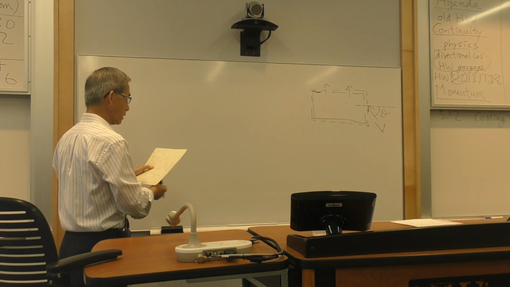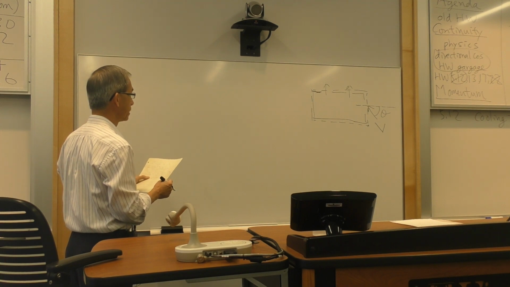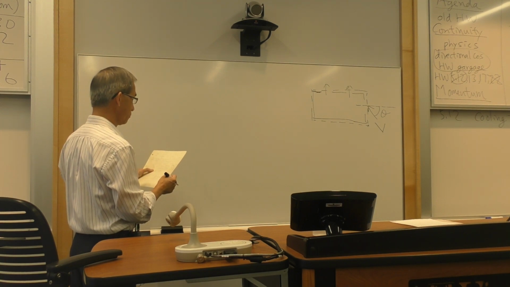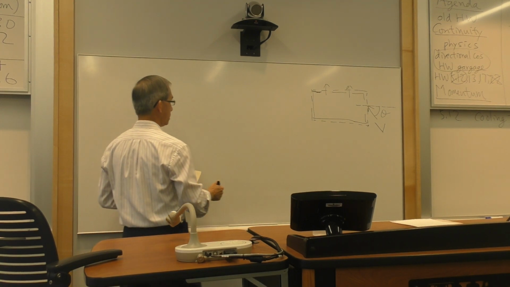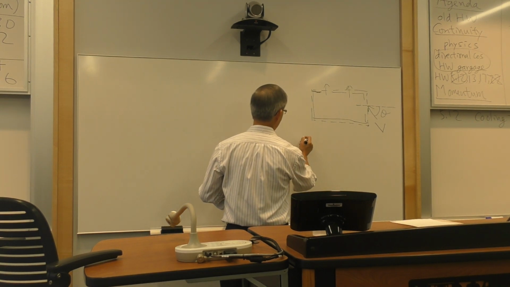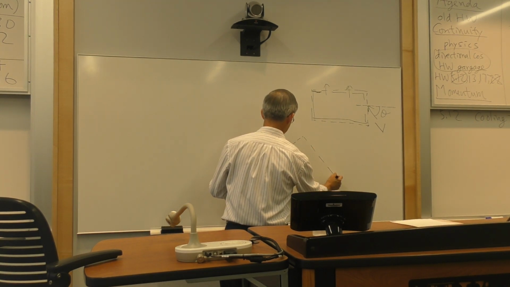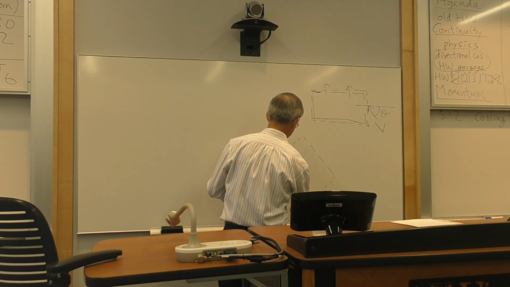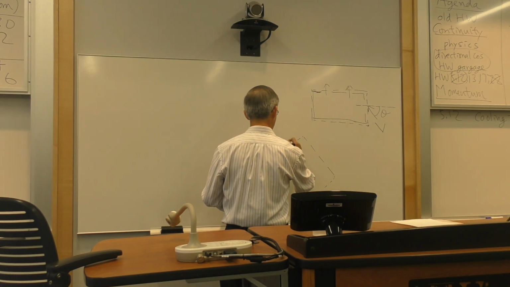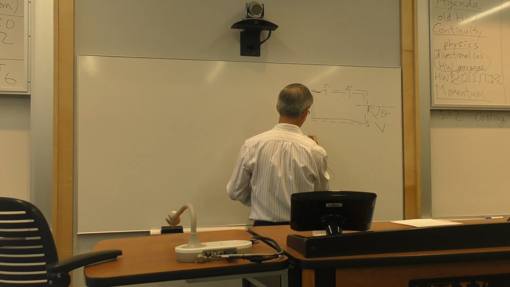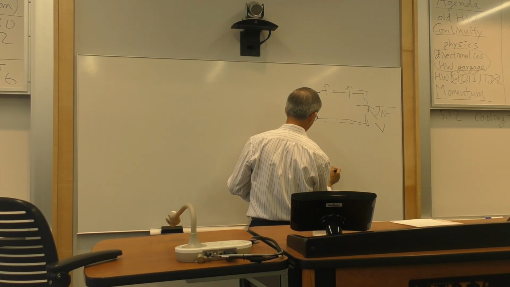So the way you can account for that, and you have seen it in the homework problem, is when I draw a control volume, I'm going to now define some unit vectors.